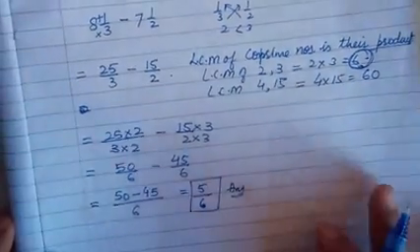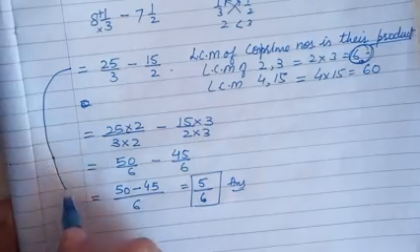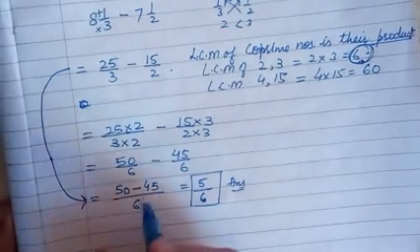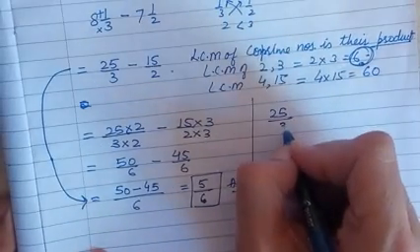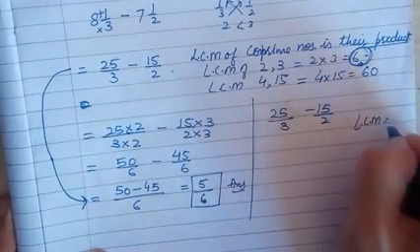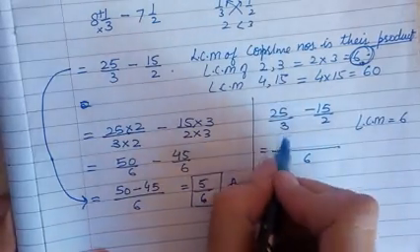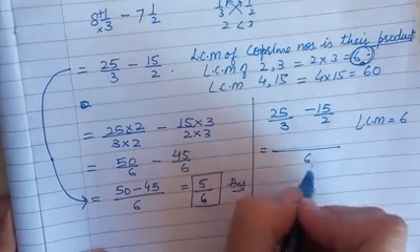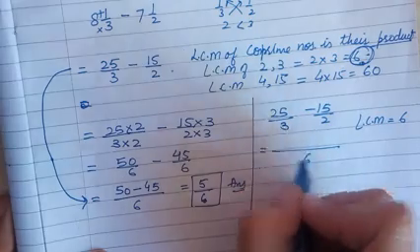And you can do it directly also. Suppose this form is given, you can directly write in this form also. How can you do this? Suppose 25 upon 3 minus 15 upon 2 is given, you find the LCM, that is 6. You write the LCM 6 down here. Now 3 is written here, and you want to change this denominator into 6.